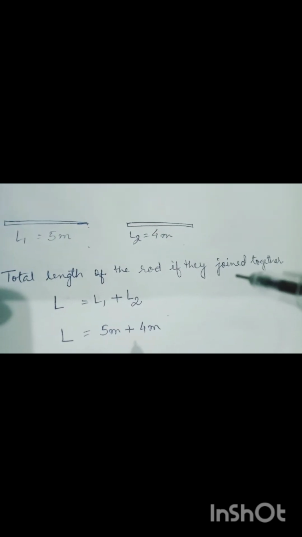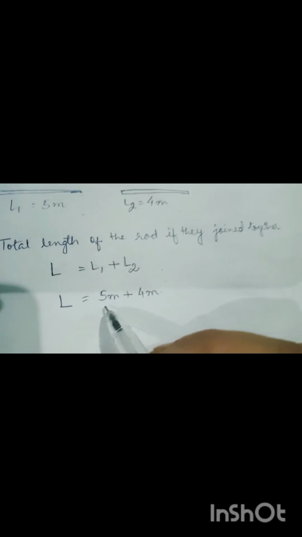To write an equation, the quantities must have the same dimensions. Here L1 is the length of the first rod, 5 meter. L2 is the length of the second rod, 4 meter. So if both the rods are joined together, what is the total length of the rod? It is L equals L1 plus L2. These two values can be added since they have the same dimension L. Therefore, this is correct.